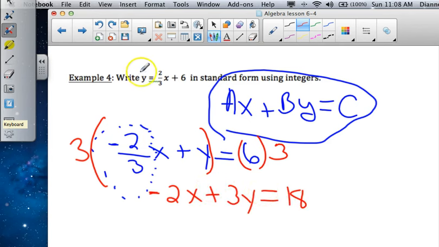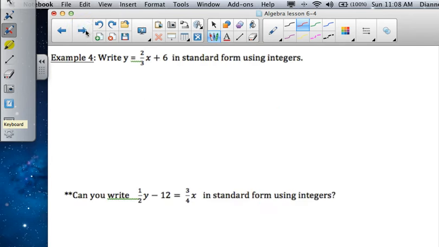So notice you can go from slope-intercept form to standard form, but we can also go from standard form to slope-intercept form. So we did that one correct. Yes, all right.